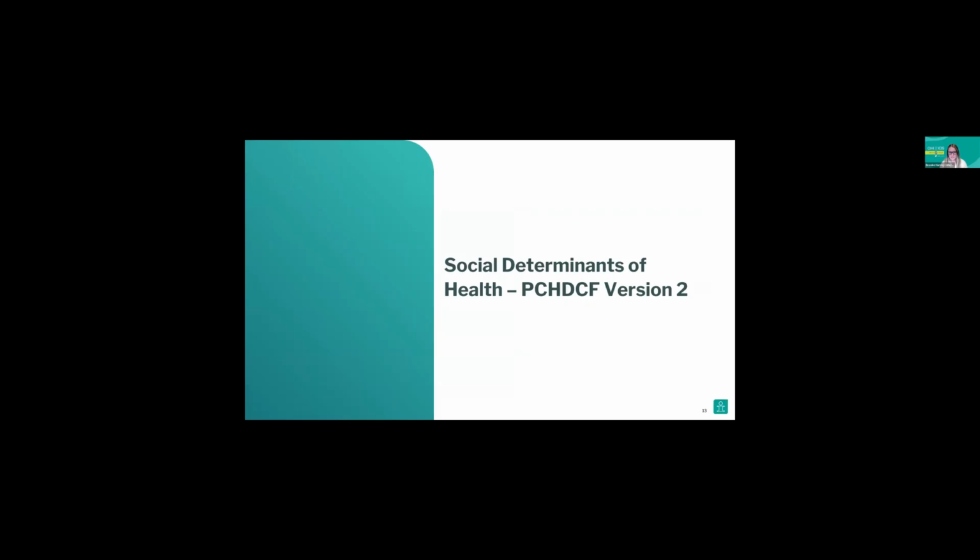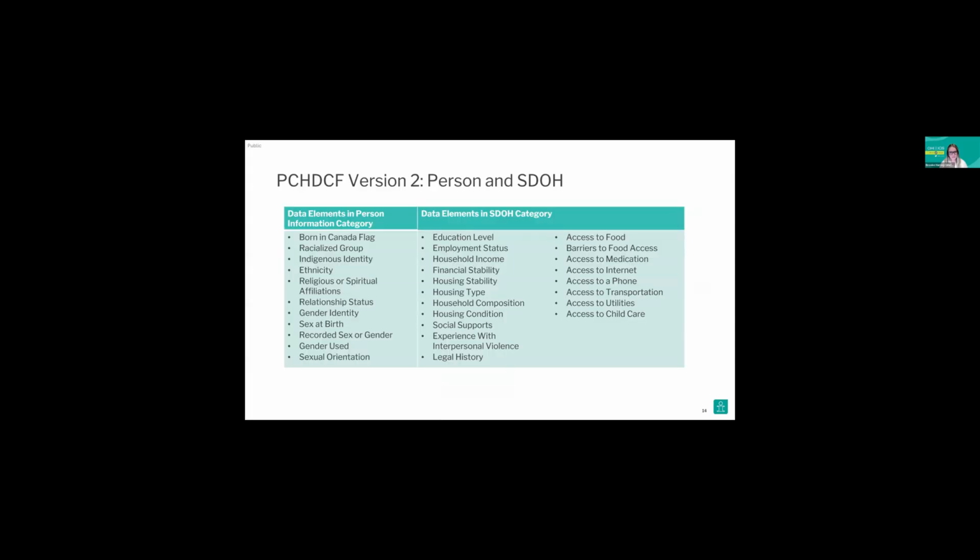Okay, so I'd like to turn to the current social determinants of health content in version 2. Here's an overview of the elements that were included in version 2 of the ESTO data category. In the person category, the focus is on sociodemographic characteristics that are more static and some of which can be used as equity stratifiers.